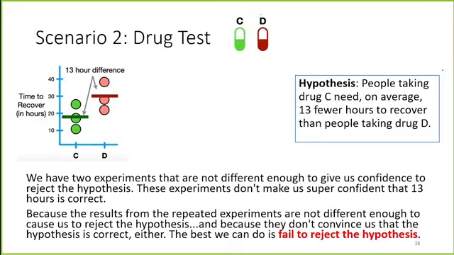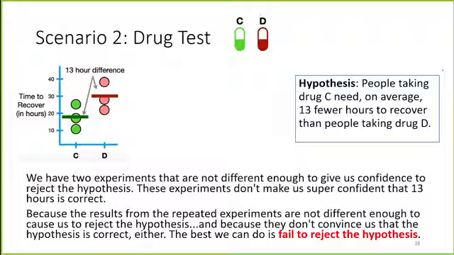It looks like our hypothesis is correct but not completely correct. It's on the same line, it's the same direction as the hypothesis, but it's not 13 hours, right? It's not exactly 13 hours every time that we did the experiment. So we are not that confident about the numbers, but we are quite confident of the direction.